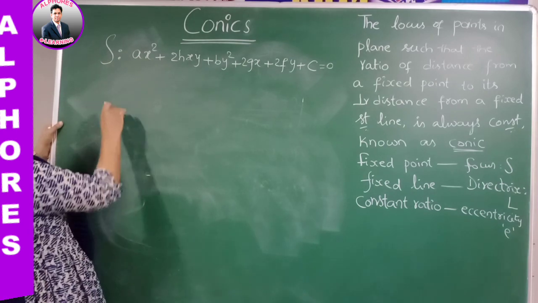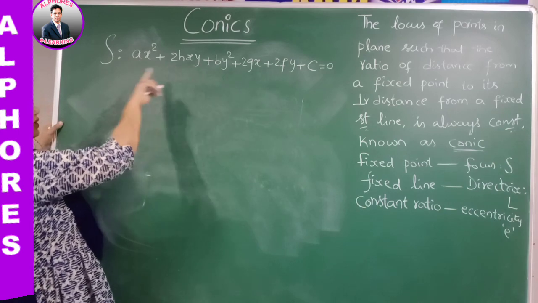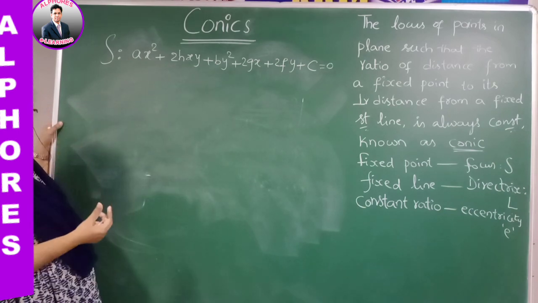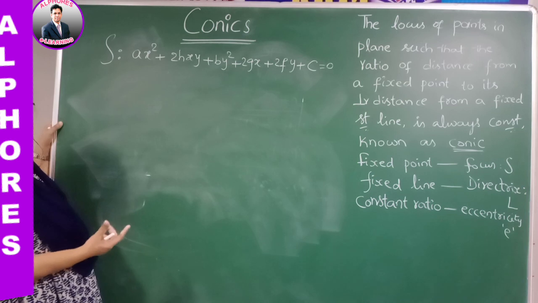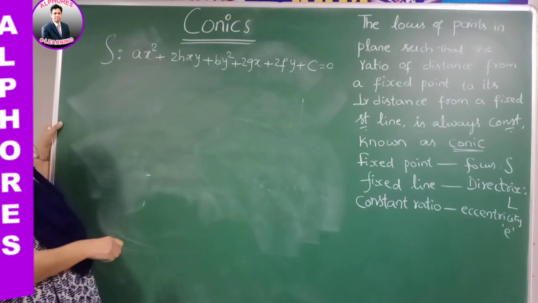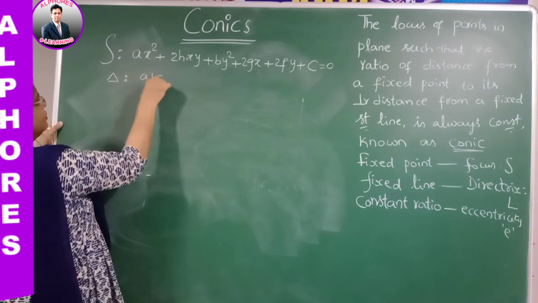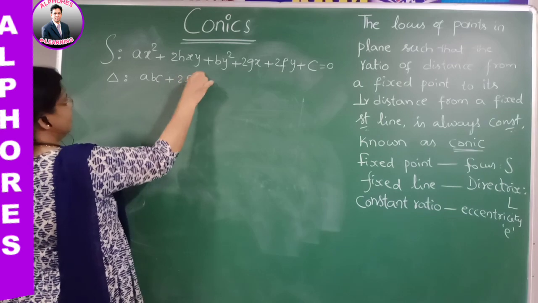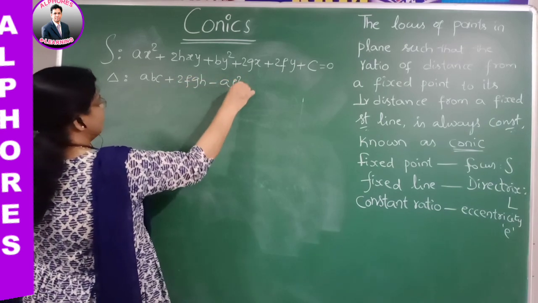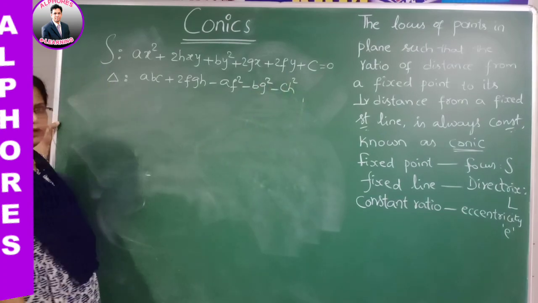First of all, if you convert the entire equation to a quadratic in x, or in terms of a quadratic in y, then the discriminant is abc plus 2fgh minus af square minus bg square minus ch square. This is the discriminant value.